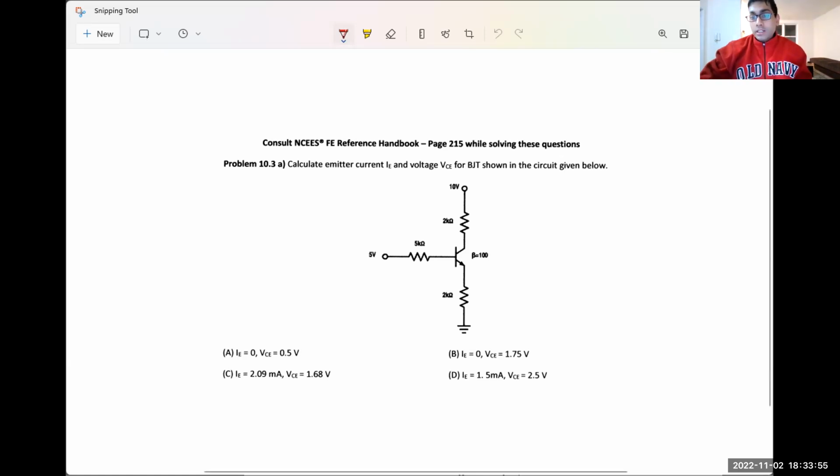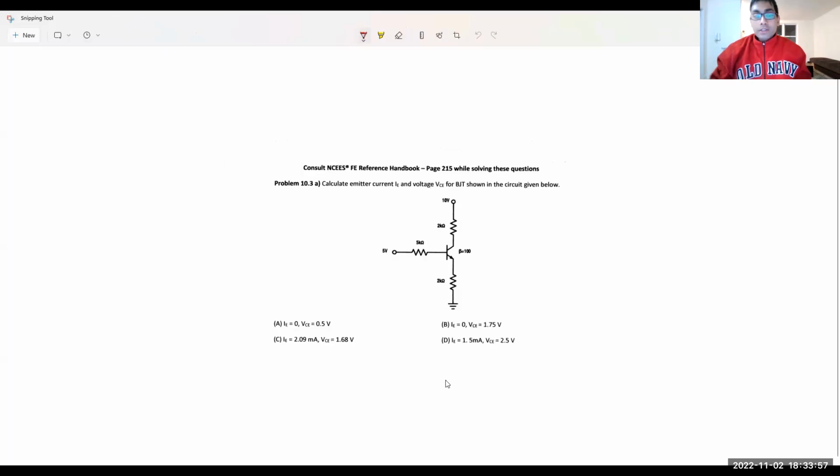As you can see over here, you have been given this circuit diagram where this is your base, this is your collector, and this is your emitter. The beta is given to you as 100. Your RE is 2 kilo ohm.